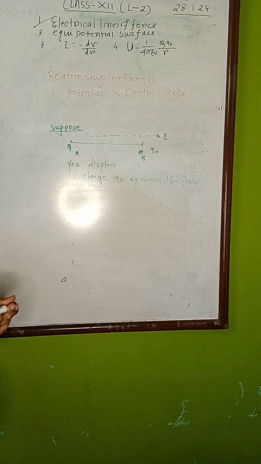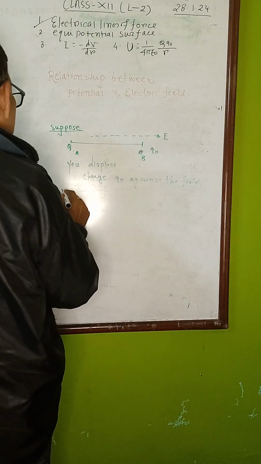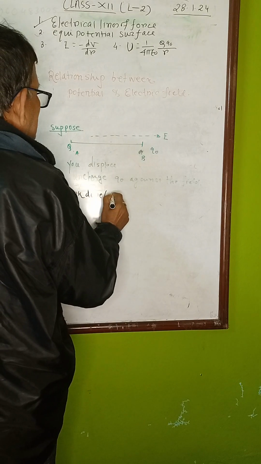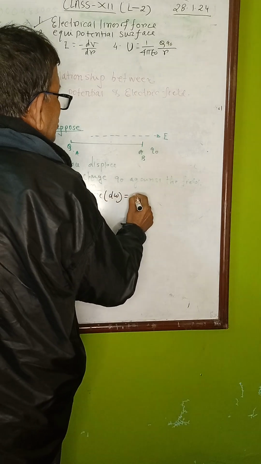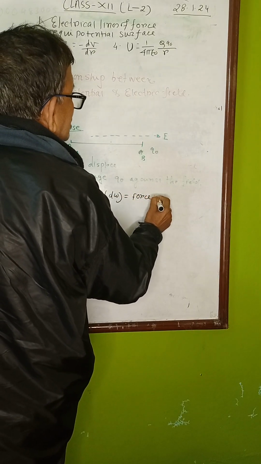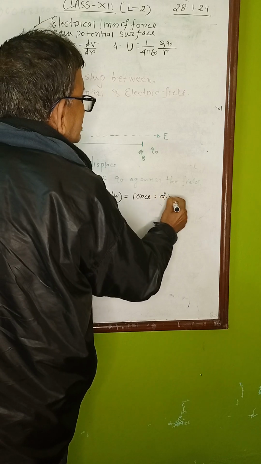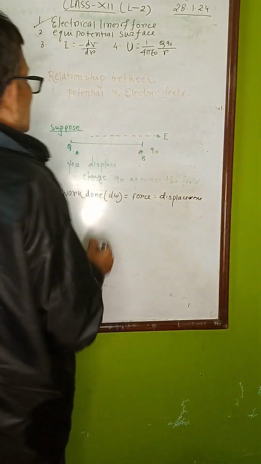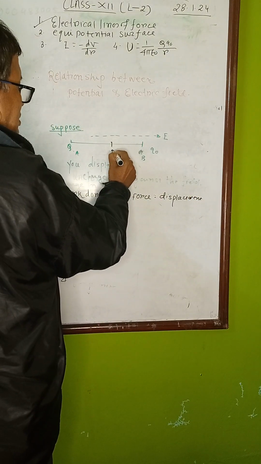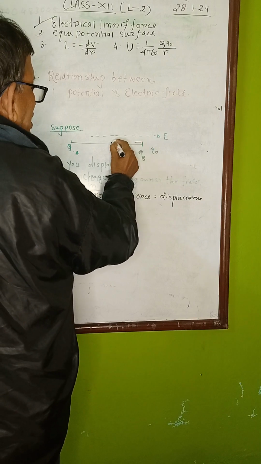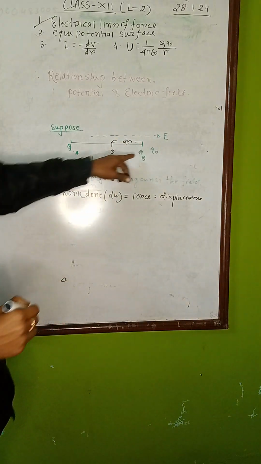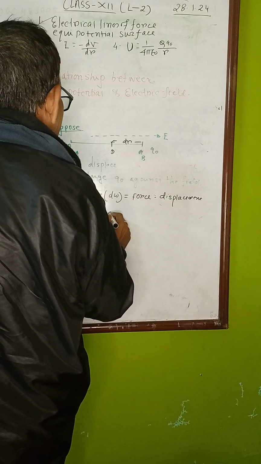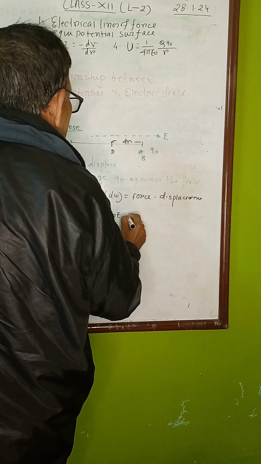So against the field. Now work done dW equals force and displacement. Now displacement is dr, B to D, dr. So work done dW equals minus Q0 E into dr, where Q0 E is the force.